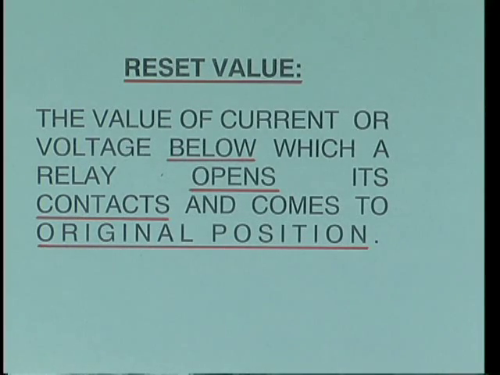The minimum current or voltage below which the contacts open and the relay comes into its original position is called the reset value. For this purpose a reset button is also there on the relay. We press the reset button, then the contacts open and the relay comes into its original position. So this is the reset value.